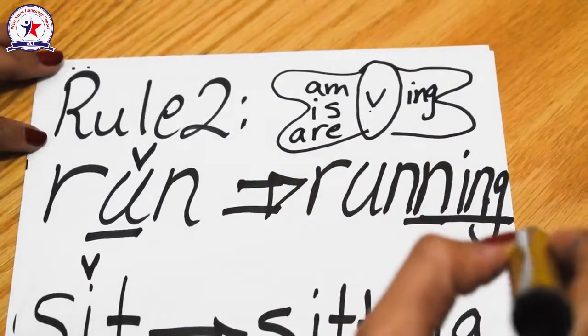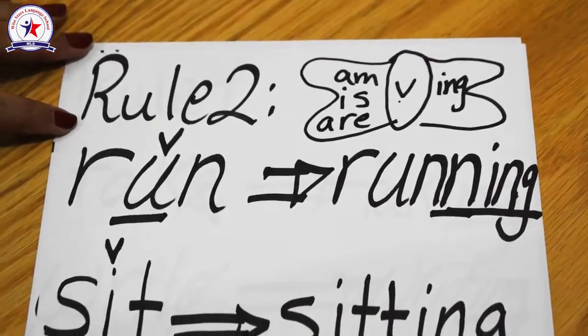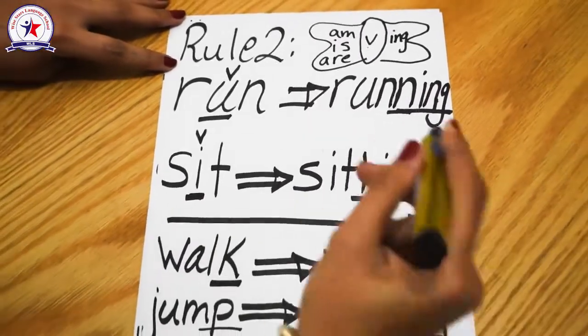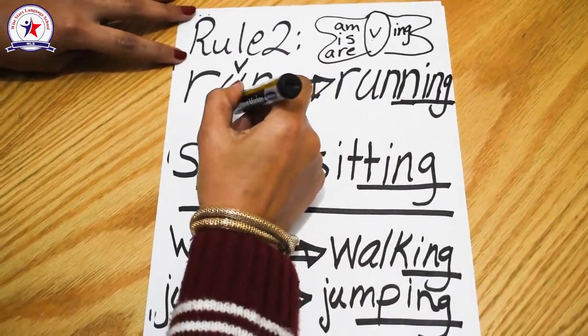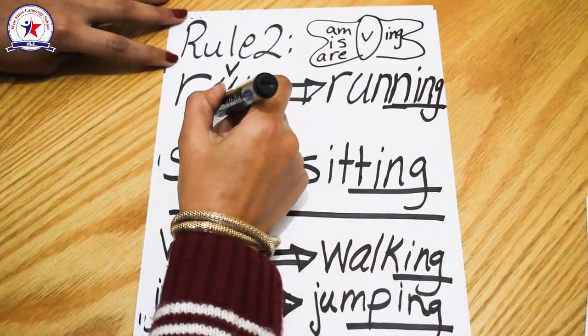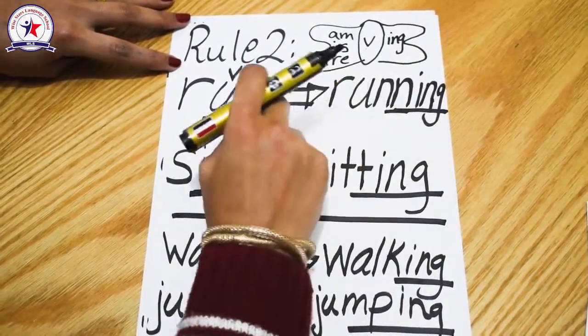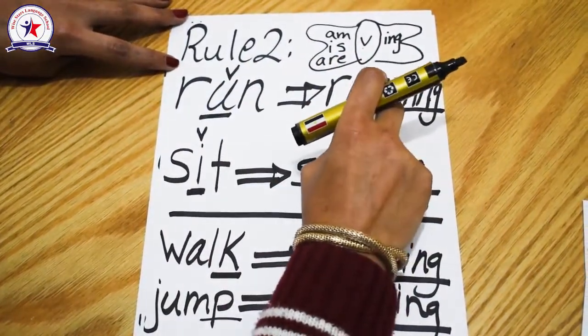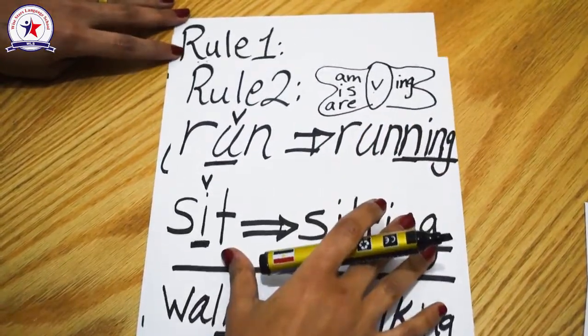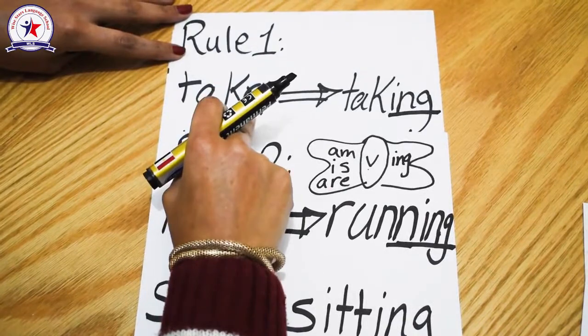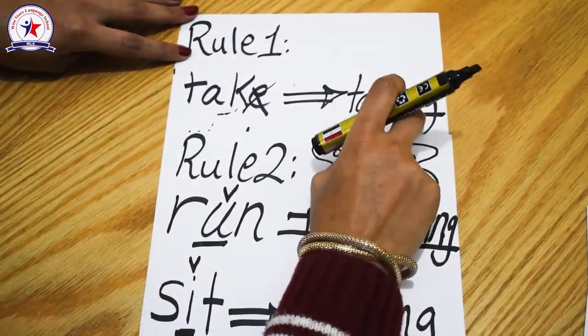If the verb ends with a consonant, you're going to add ing. If the verb ends with a consonant and there is a vowel before the last letter, you're going to double the last letter and add ing. If the verb ends with E, you're going to cross out the E and add ing.